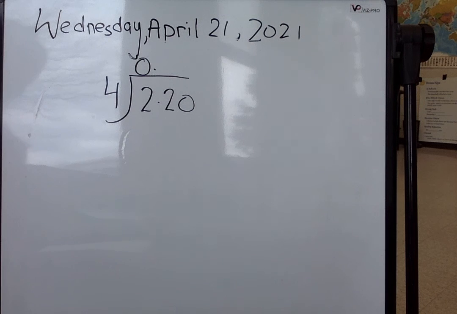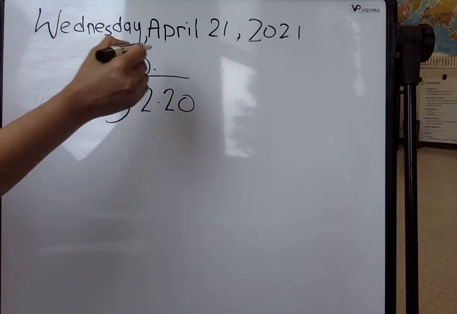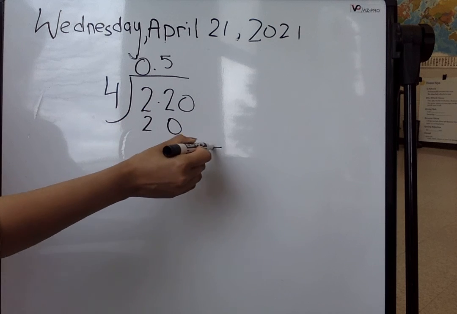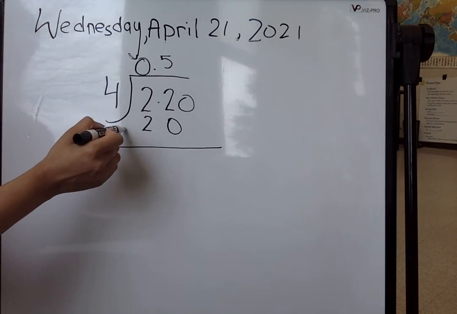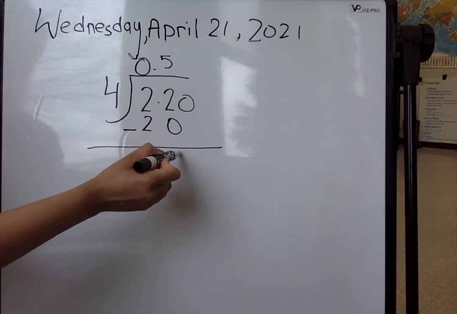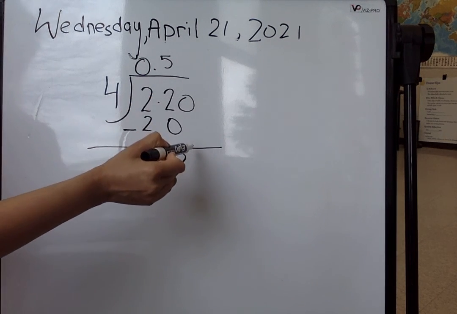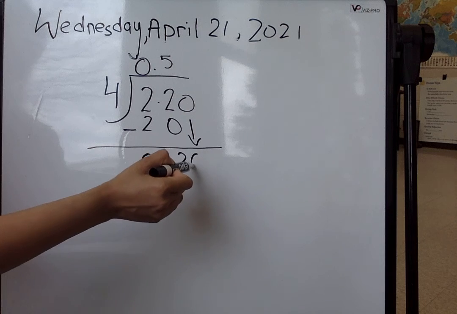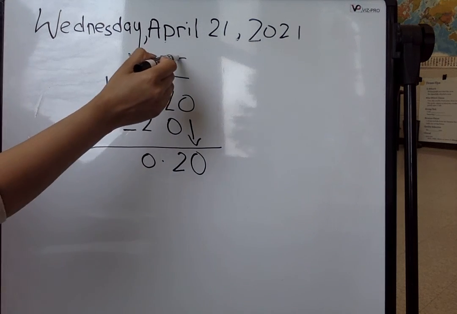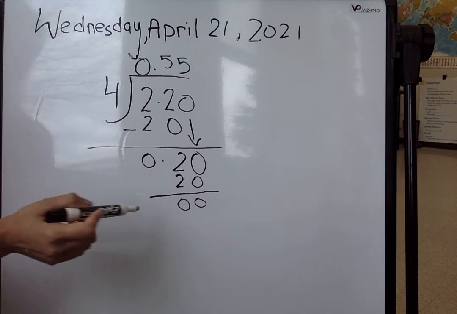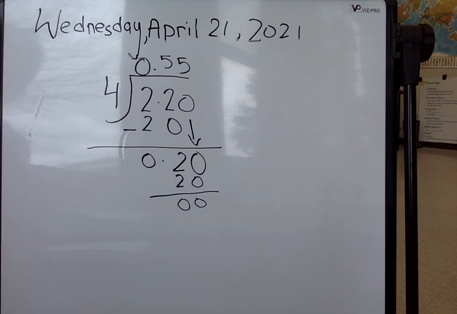Then I put my decimal point, and I know 4 times 5 gives me 20. I subtract, 2 take away 0 leaves me with 2, and 0. I can bring it down now. 4 times 5 gives me 20 again. That is the first step of the problem, right?